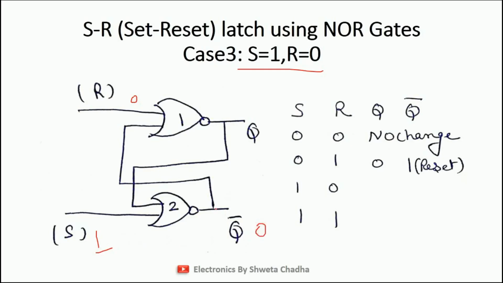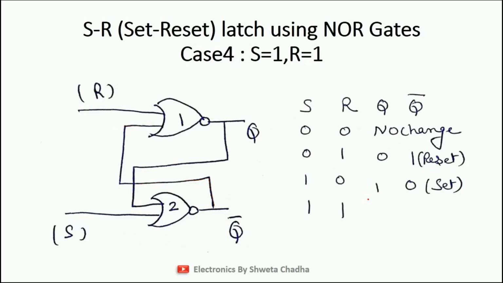Now let us connect this Q bar with the input to gate number 1. I have written 0 over here as well, taken from here. So 0, 0, the output is 1. This is the set condition. For S equal to 1 and R equal to 0, the output is 1, 0. 1, 0 means when set is high, the output Q becomes set.